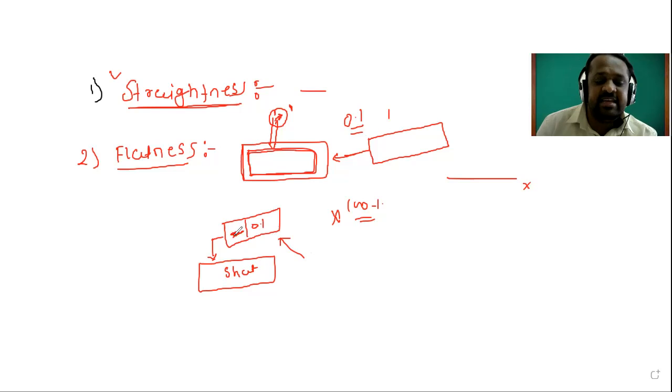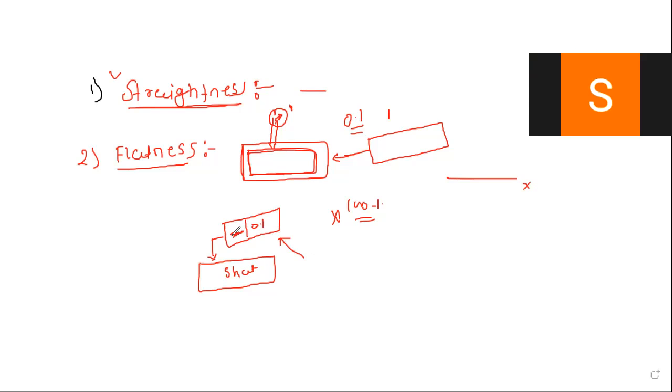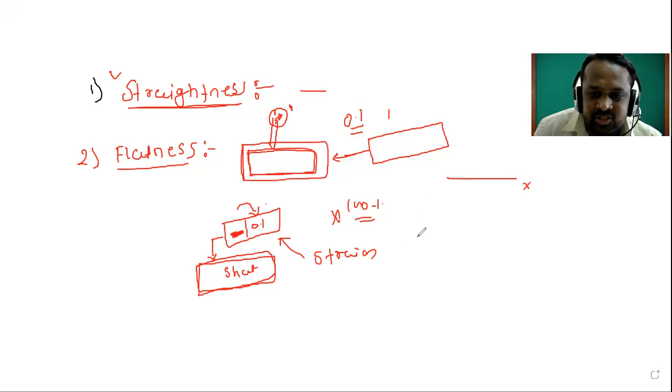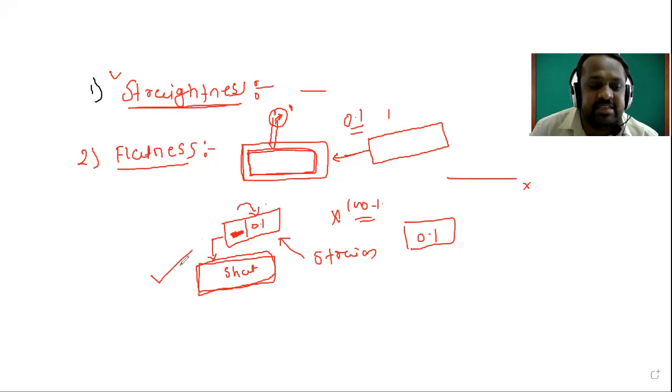This straight line indicates straightness. The straightness of that component should be within 0.01. That means if the straightness of this component is within 0.01 micron, with only that much variation, then it is correct, it is acceptable.